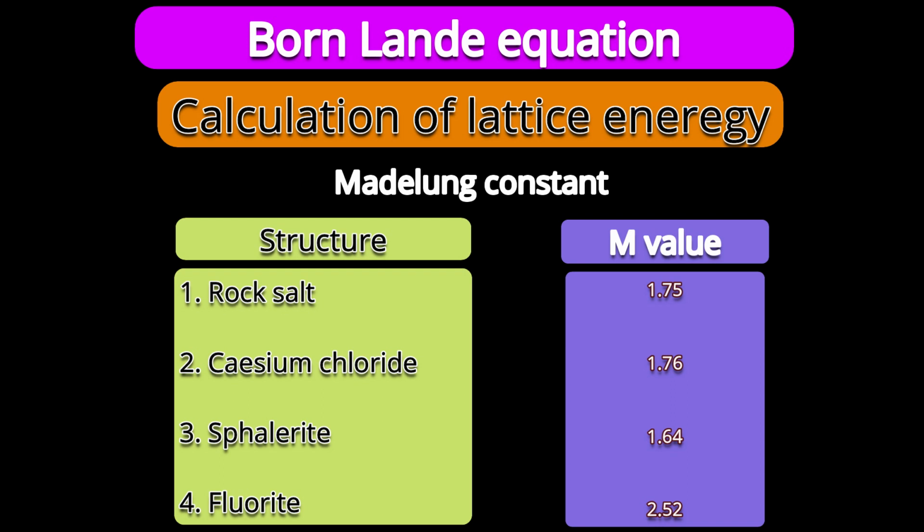It is not only for cesium chloride, it is for the crystal lattices which show the cesium chloride structure. That's a body centered cubic structure, 1.76. For zinc blende structure, 1.64. Fluorite structure, 2.52. Yes, as an example, I represented this. Now let us see how to find the Born exponent.